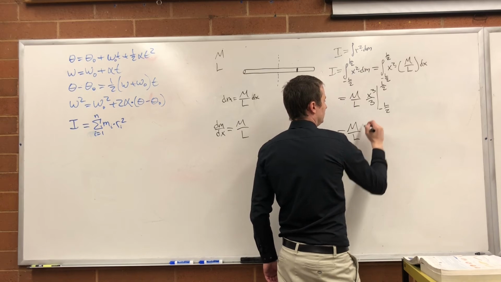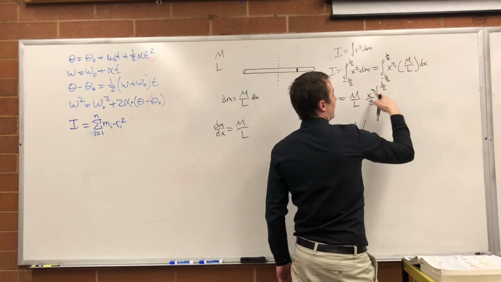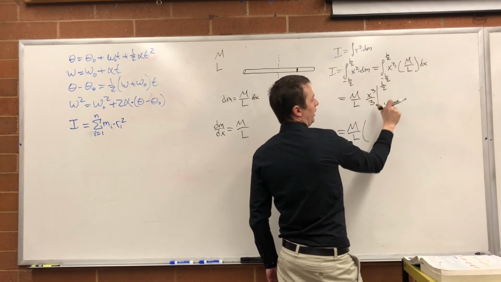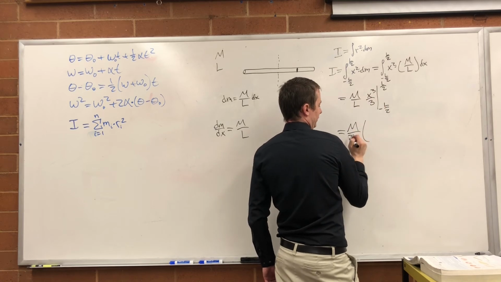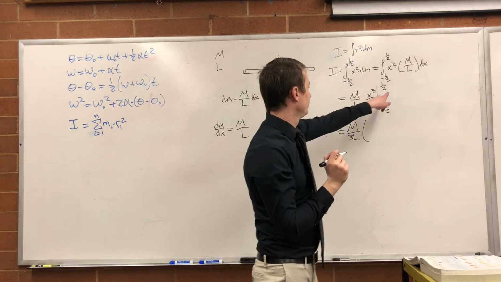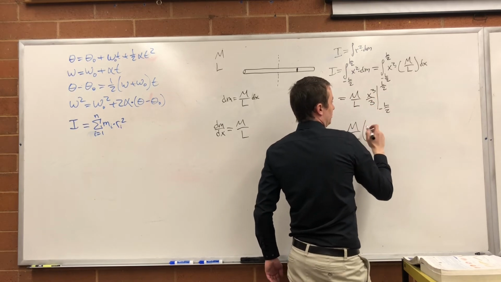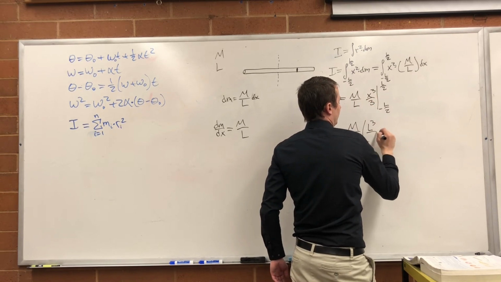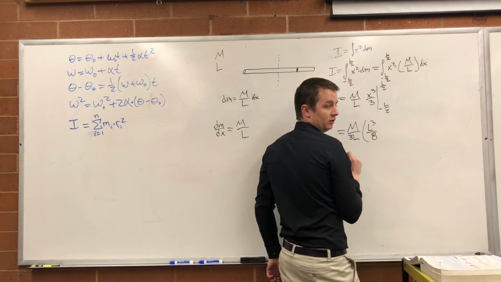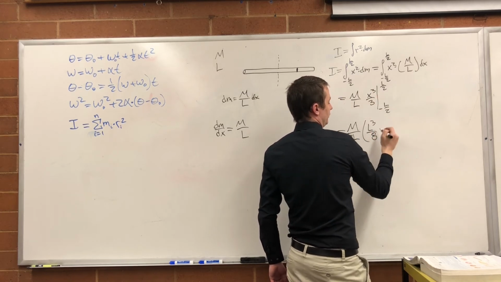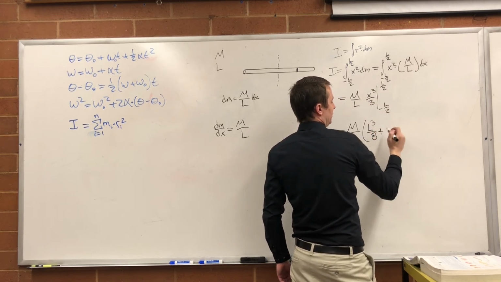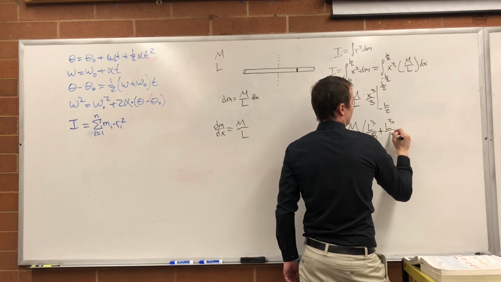And so that's going to be equal to still M over L times, I'm going to pull out that 1/3 as well. So put that 3 there. You with me? Okay. So now I'm just going to be plugging that into x cubed. So when we plug in L halves to x cubed, we get L cubed over 8, right? Mm-hmm. And then when I plug in negative, minus, that's going to make this a plus, L cubed over 8.